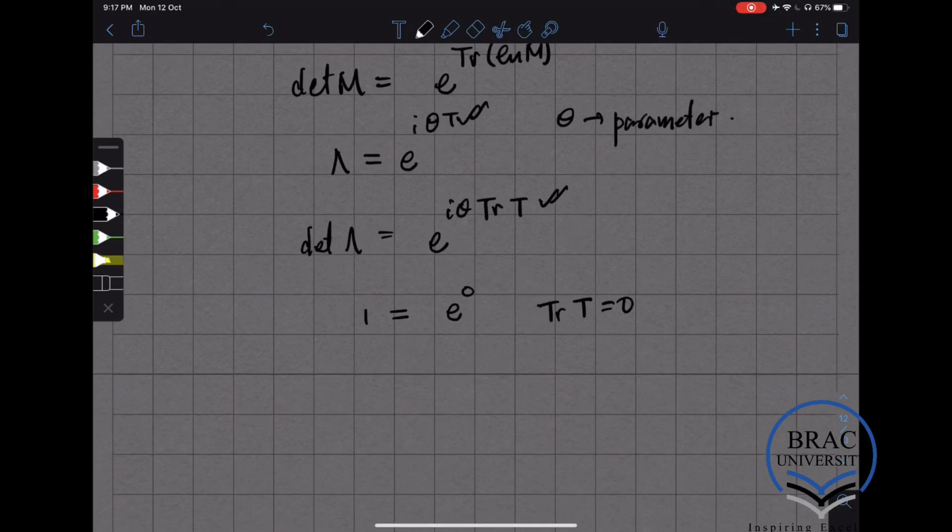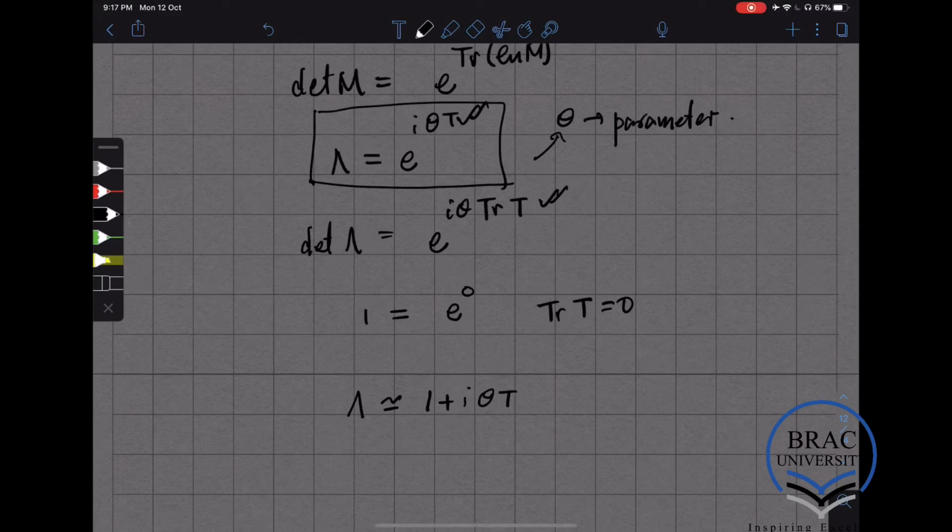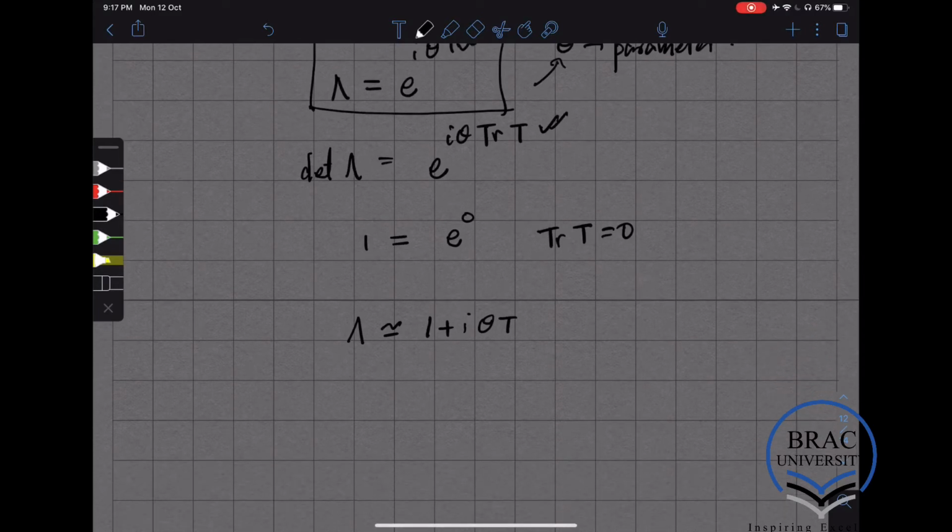So if I take such a matrix expressed in this form, then because we have a parameter theta, we can take that to be small, and then we can express this matrix as 1 plus i theta times T. So when theta is small, this matrix is infinitesimally close to the identity matrix.